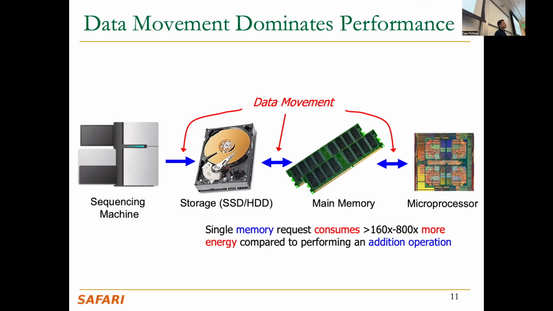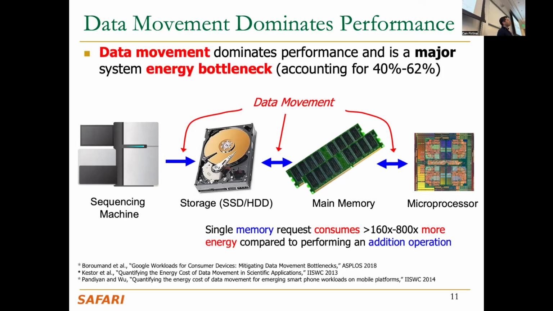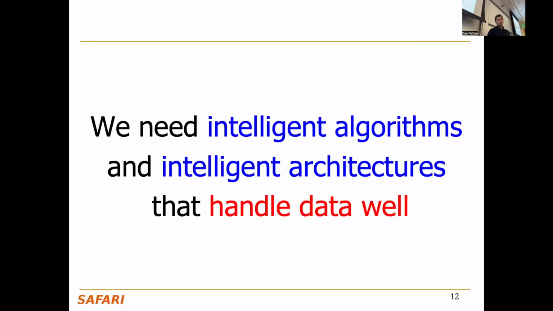When you look at the energy and latency spent to move the data until the moment that we compute on it, the energy spent is more than 100x more expensive than computing the data. So there's a huge data movement bottleneck in terms of both energy and performance.